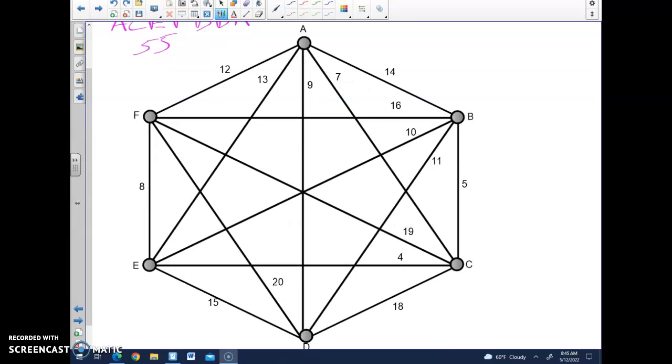Now when I do cheapest link, the smallest side in this picture is 4. The next smallest side is 5, which means C is done. The next smallest side, I don't see a 6, is 7. But remember, you can't have 3 lines coming from a letter, so 7's no good. The next one is 8. The next one is 9.